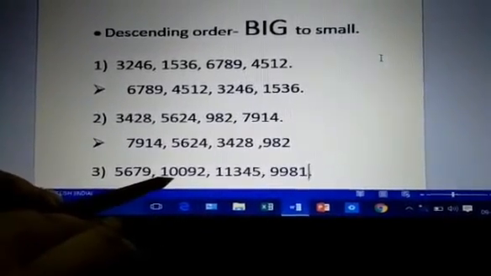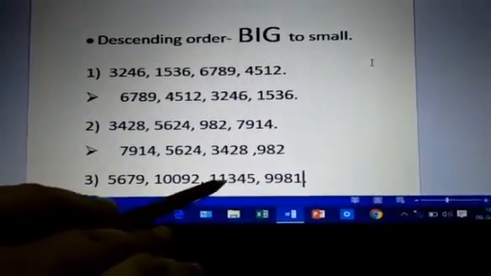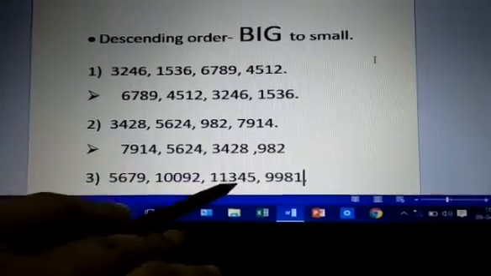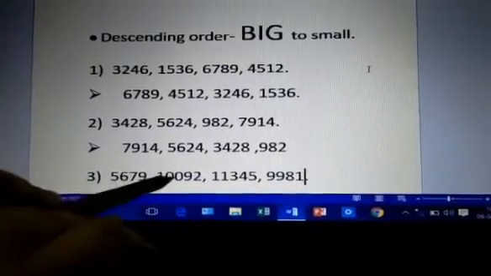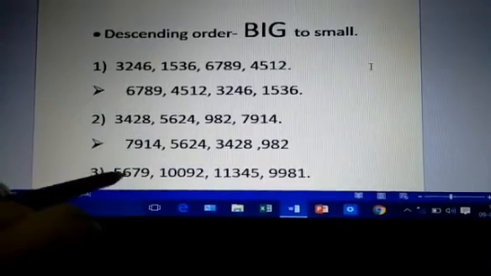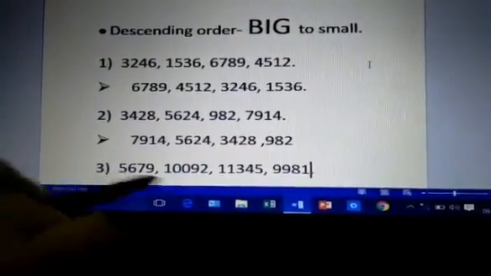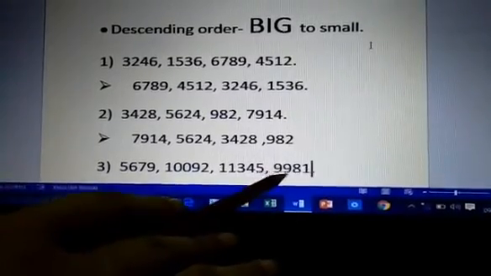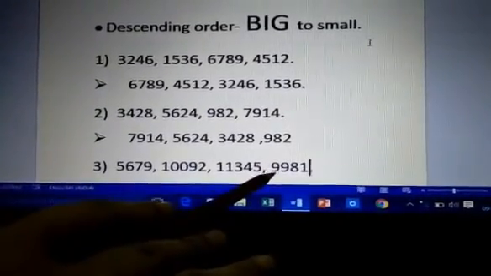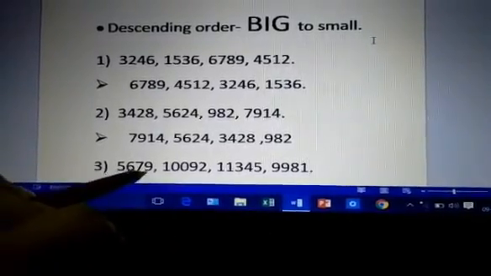Thousands place here I am having 0, and thousands place here we are having 1. So the biggest number will be 11,345, followed by 10,092. Now let us move on to these two 4-digit numbers. Here thousands place we are having 5, and over here we are having 9. So the next biggest number will be 9,981, followed by 5,679.